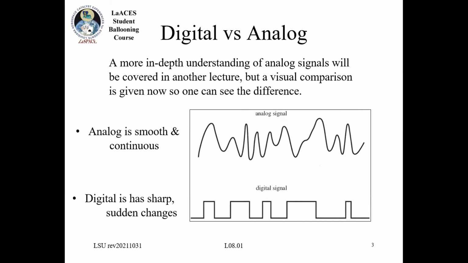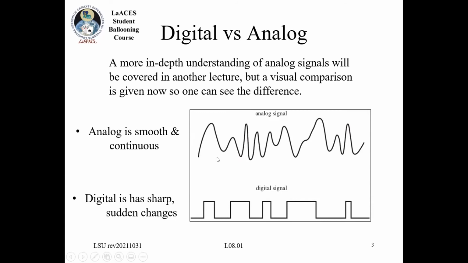So just to give you a graphical example, right? This is a cartoon example of a digital signal and an analog signal, right? We will cover some time-varying analog signal stuff later in the semester, but this is just an example. We don't really need to know what this is.